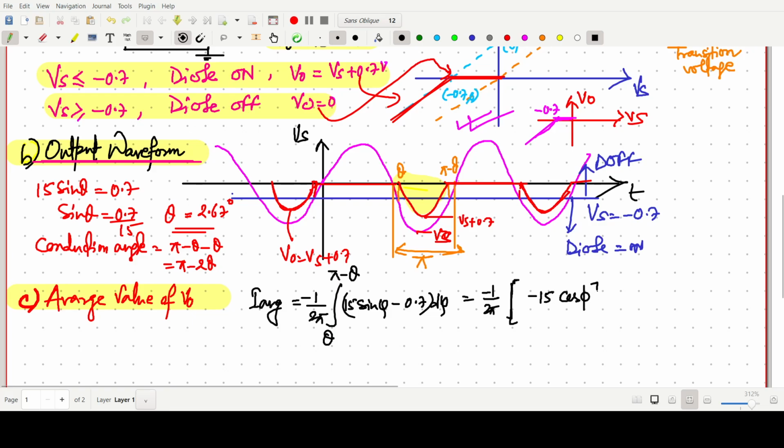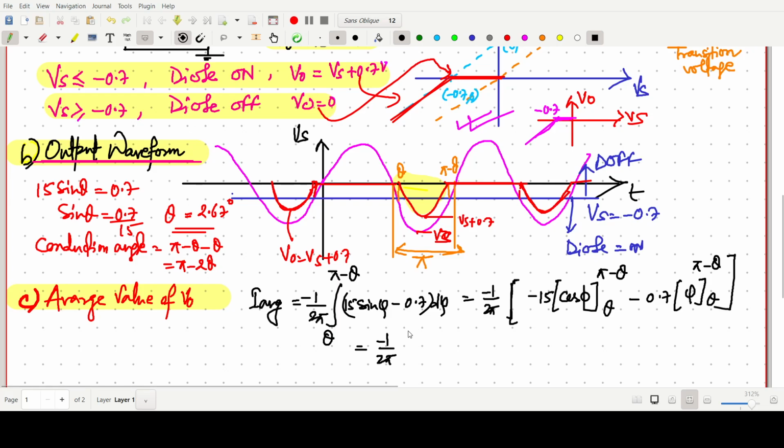Then minus 0.7 in brackets, integrating d phi, from theta to pi minus theta. It is a simple calculation.